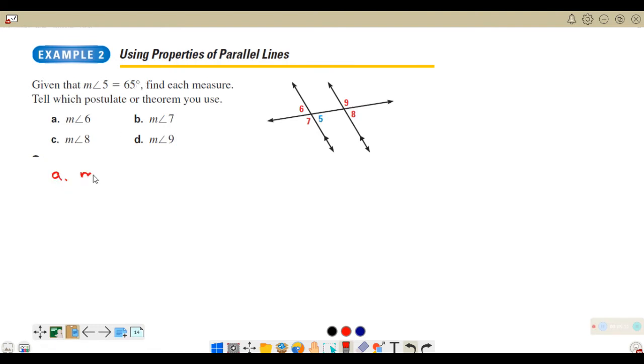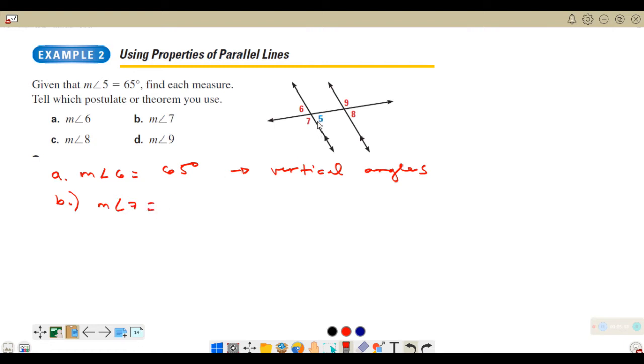Si A, measurement of angle 6 is equal to, of course, 65 degrees din. Anong ginamit nating idea? Because they are vertical angles. Next, measurement of angle 7.